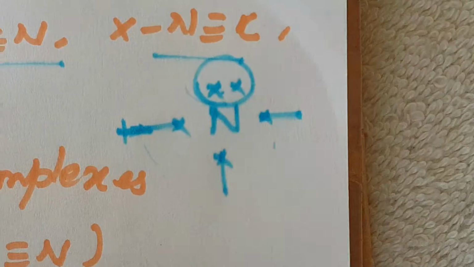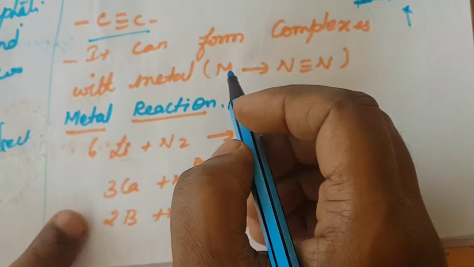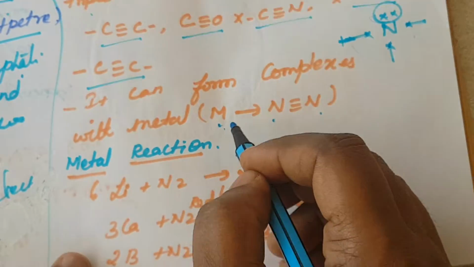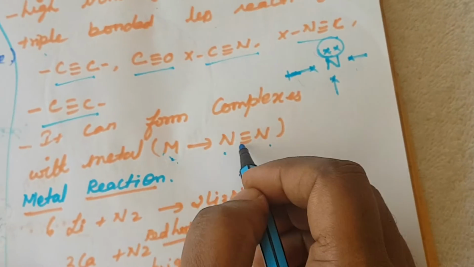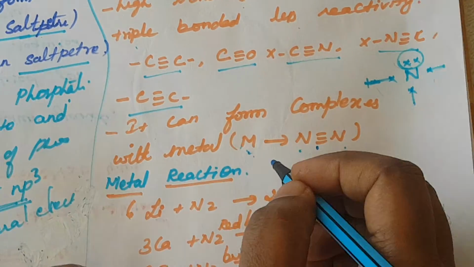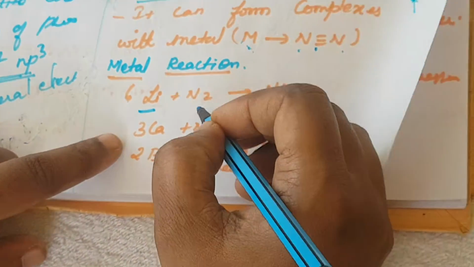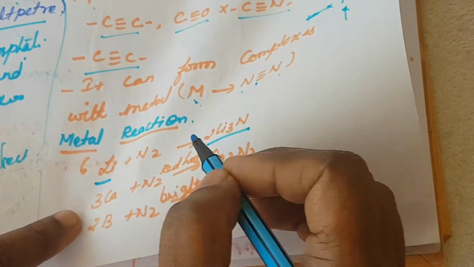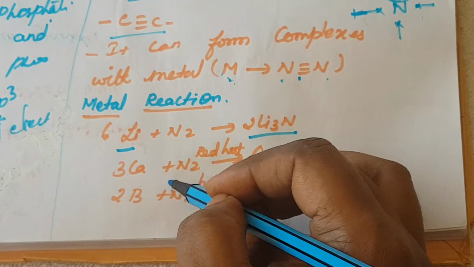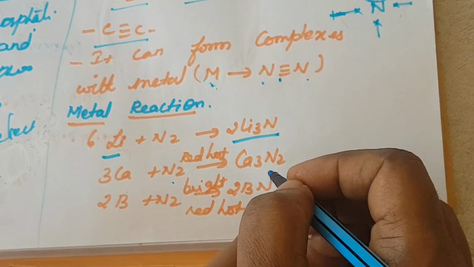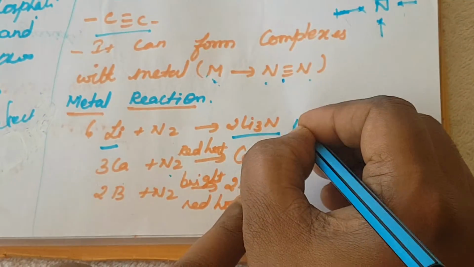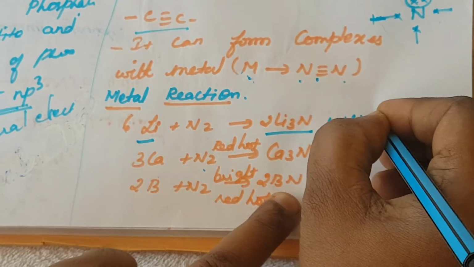It can form complexes with metals. In reactions with metals, nitrogen combines with lithium to form lithium nitride, and with calcium to form calcium nitride.